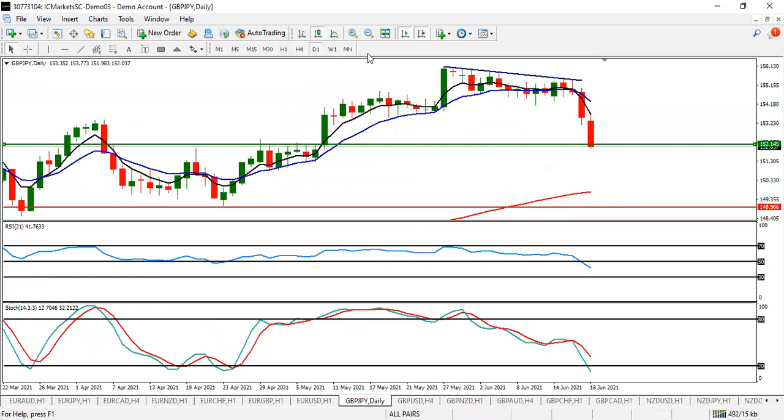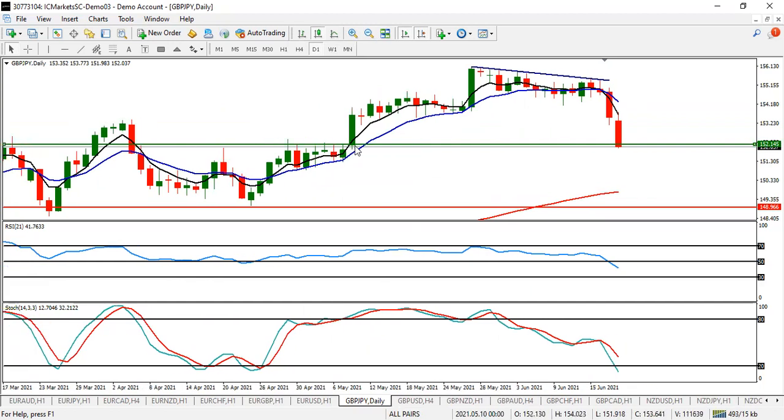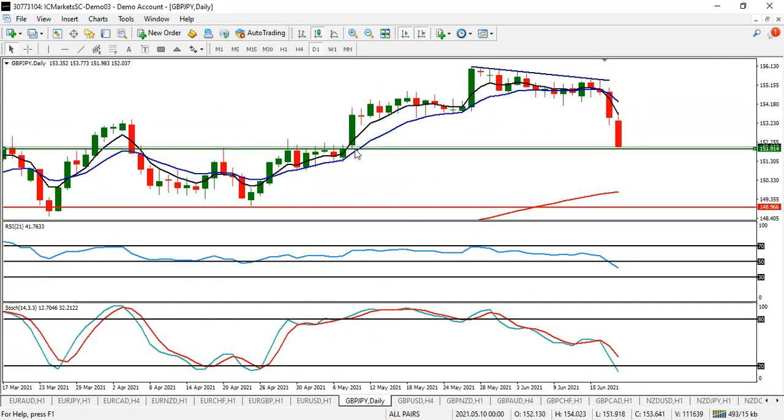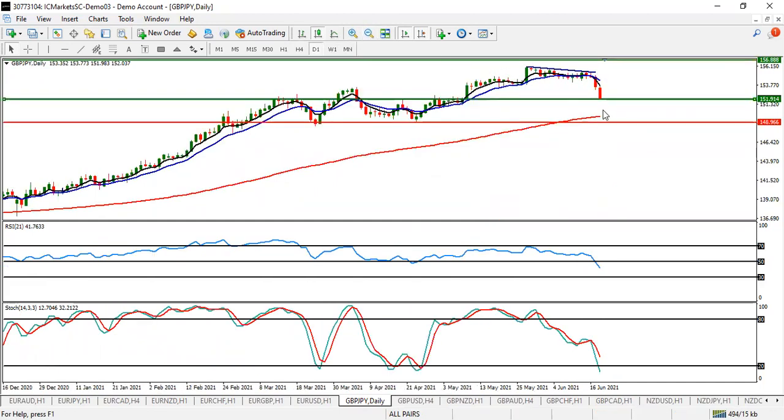So coming to the daily candle, we can see this is currently sitting at a support right now. This support may cause a pullback first before the drop continues.